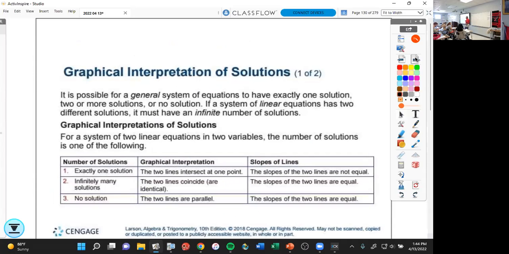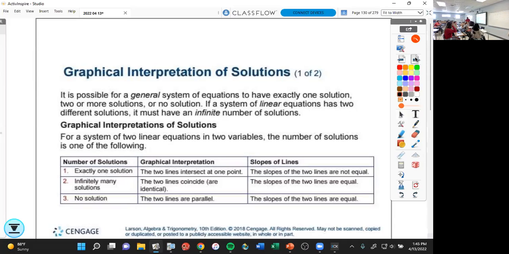It is possible for a general system of equations to have exactly one solution. Again, we're talking about lines. Exactly one solution means those two lines intersect. It's possible to have 2 or more solutions. If you're talking about lines only, it's impossible to get 2 solutions.